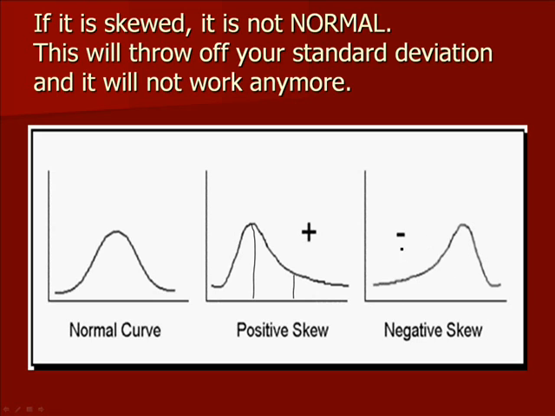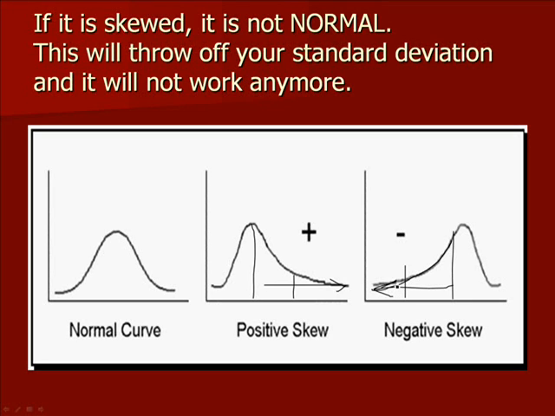If you have a few very low scores, they tend to pull the mean down like this. So now the mean is down here and the median is up here. Any time this occurs, the mean will always get pulled away from the median, whether it's a positive or negative skew.